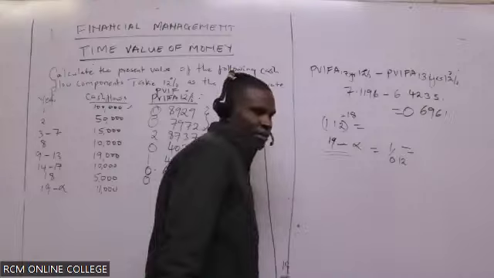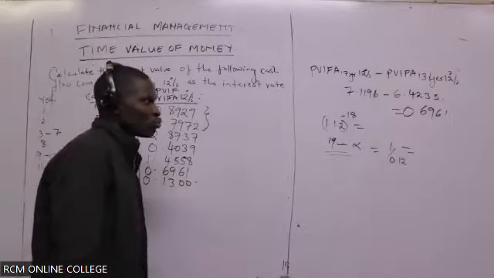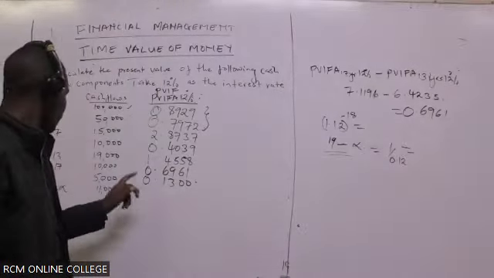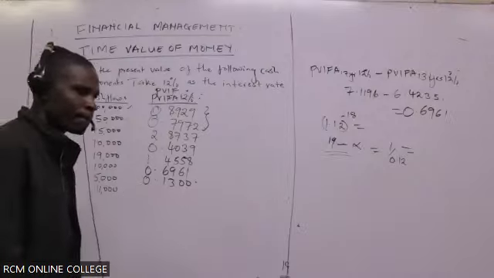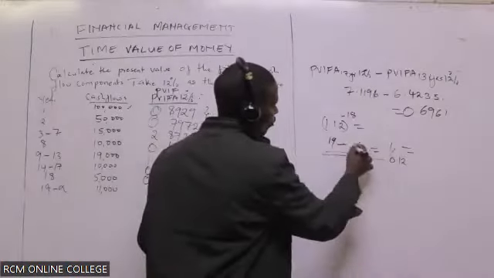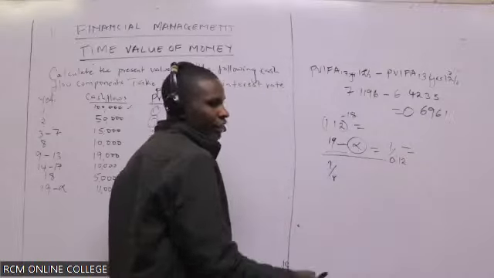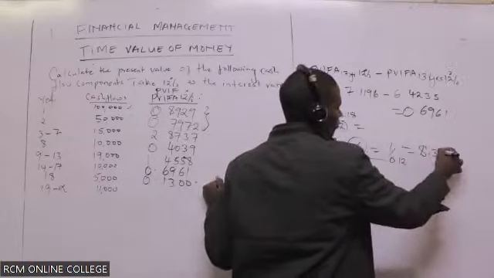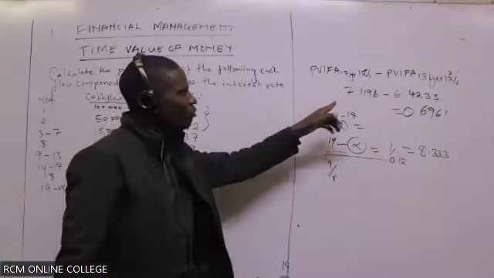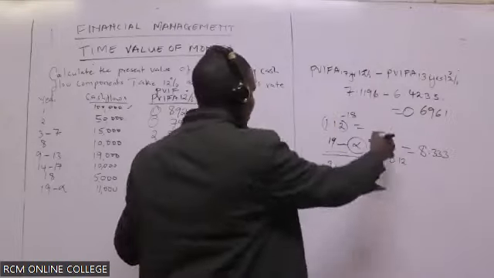So 1 divided by 0.12, what do you get? 1 over R is getting the present value of infinite, which is 8.333. Now, this was for how many years? 17 years. Right? And now the 18th year is this one.